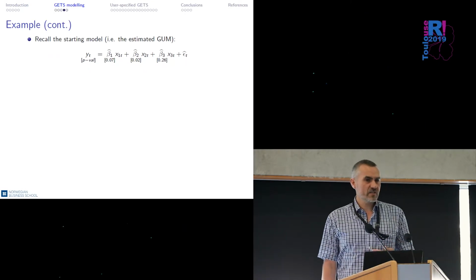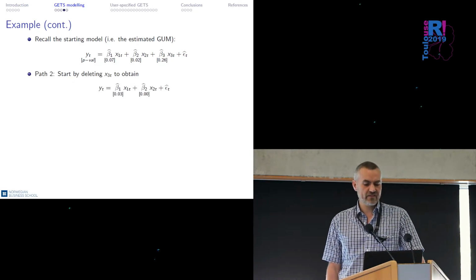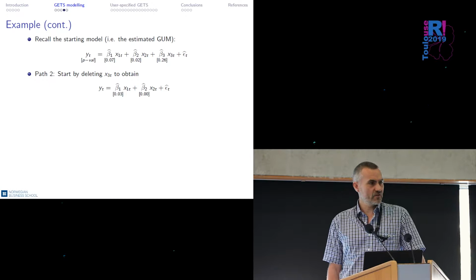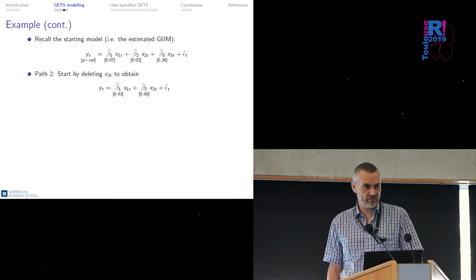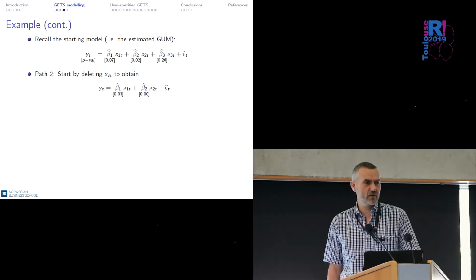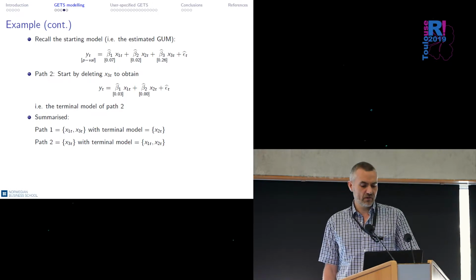Okay, we go back to the starting model. Instead of deleting x1, we now start by deleting x3. That gives us a new model, but now both of the remaining regressors are significant at 5%, so this is the terminal model, which means that we have two different terminal models.